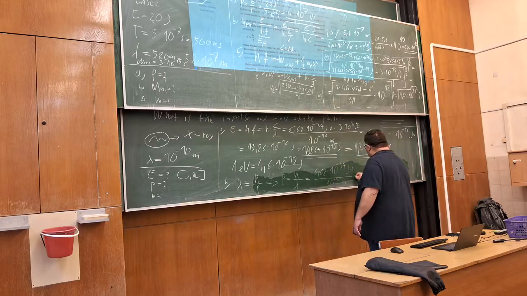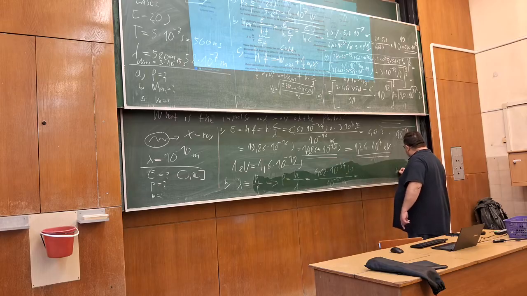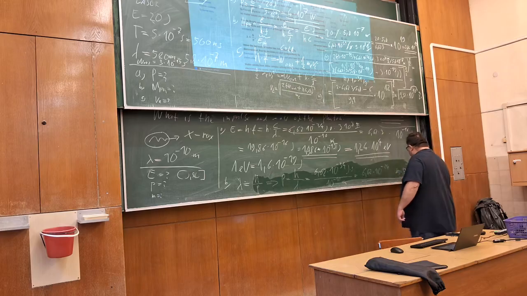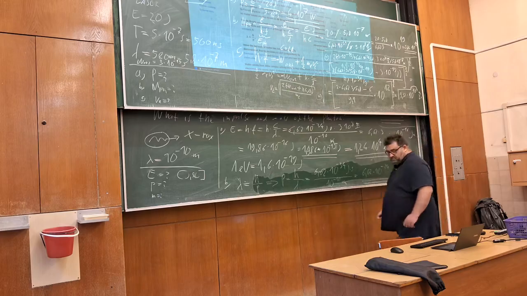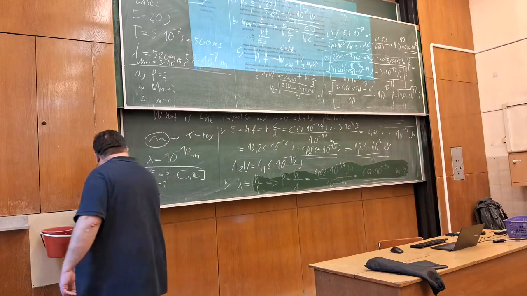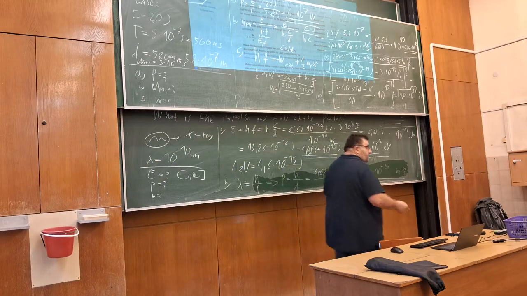This is kilogram per meter per second, that's the impulse, and this one is, so this is it. And now I have 2 minutes or 1, and the most important part comes: the mass.